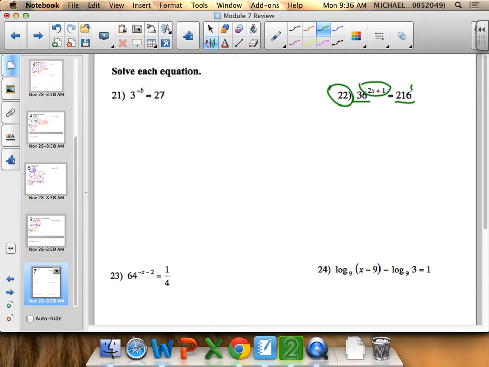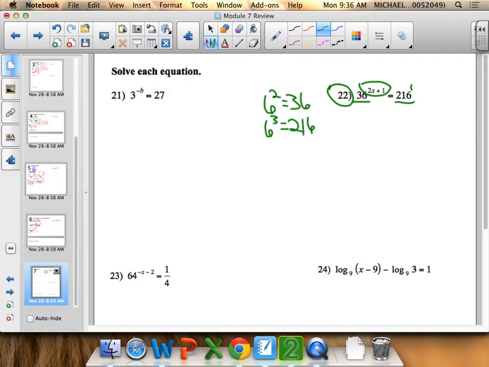In this case, if you looked at the column of the sixes, base 6, 6 squared, 6 to the 2, I'm sorry. So I'll side note that. 6 squared equals 36, and then 6 to the third equals 216.